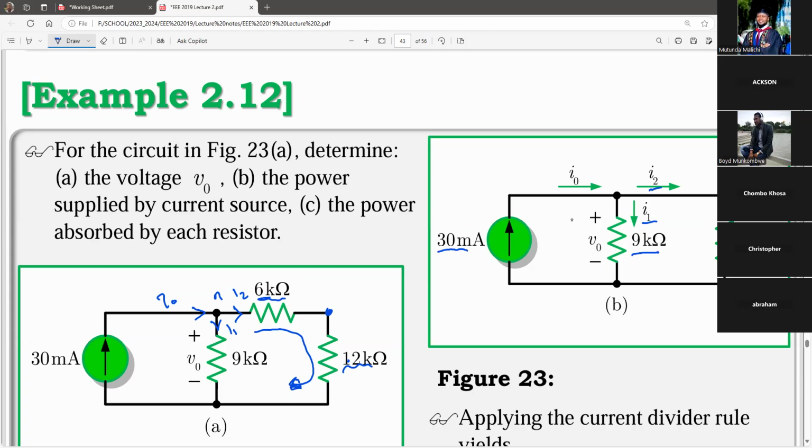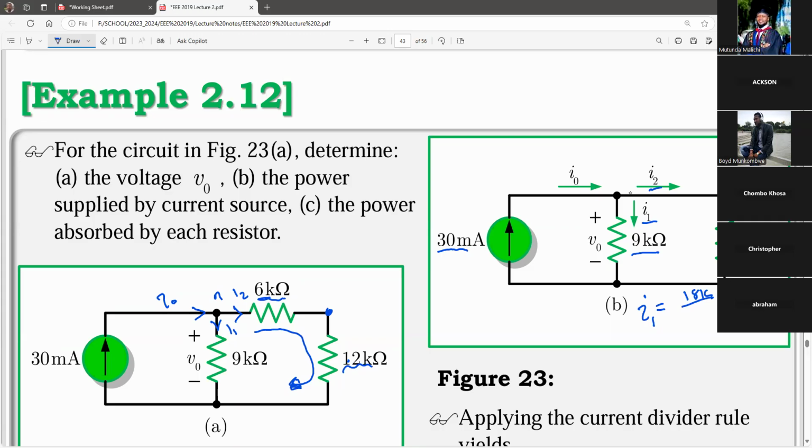So if you are to find I1, I1 is equal to the equivalent resistance minus the resistance where that I1 is flowing through. It will give you 18K over the sum of all the resistors that are available in that circuit.